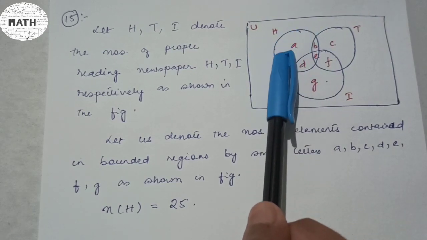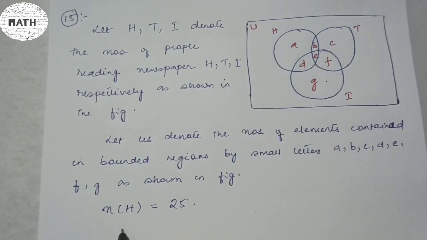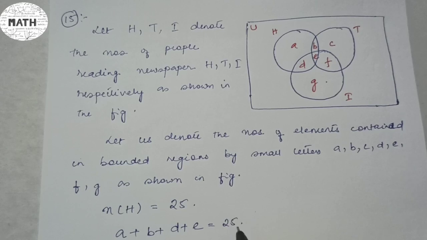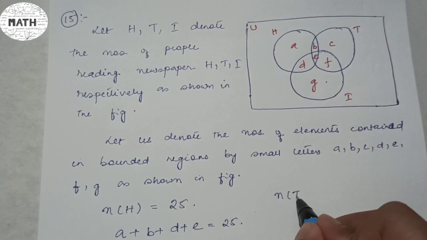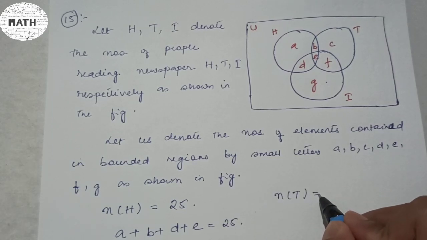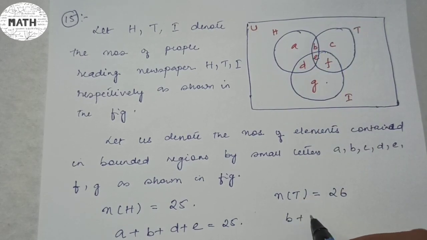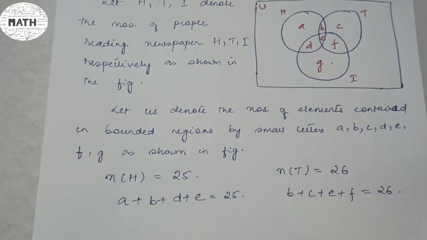In this circle, the letters are A, B, D, E. Just add them, so that is 25. Similarly, n of T is 26. T means this circle. So it will be B plus C plus E plus F equals 26.